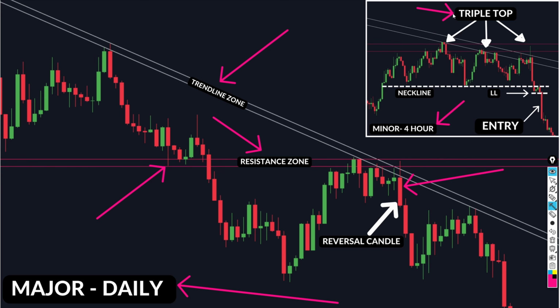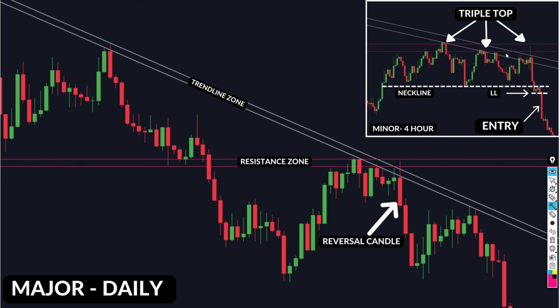Here you can see that the market created a triple top pattern, giving us a clear sign that this is a reversal price structure, which means that the market can reverse. You can see that this is the same resistance zone and same trend line you are watching here and here. So once you have a reversal pattern formation, you then will wait for the break of structure.